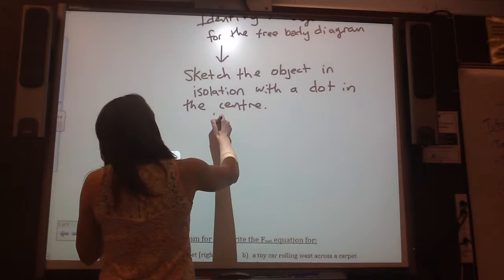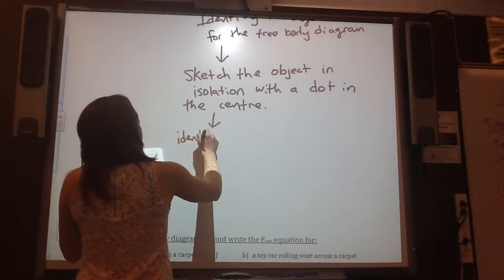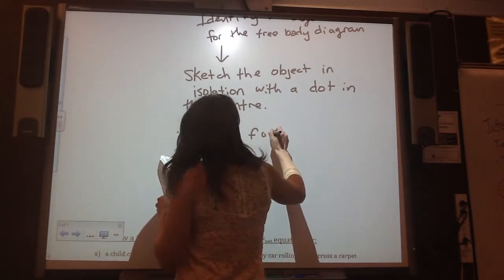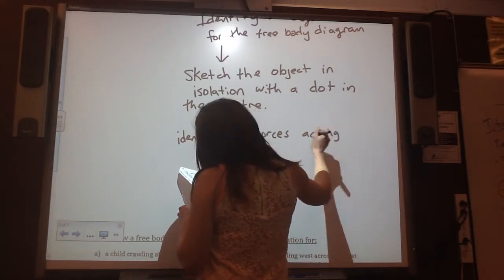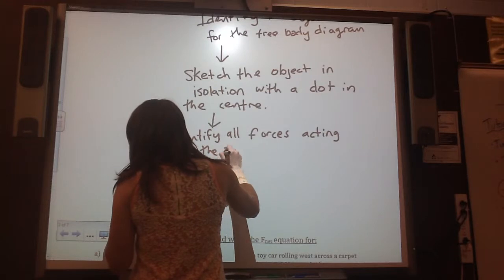Okay, next is identify all forces acting on the object.